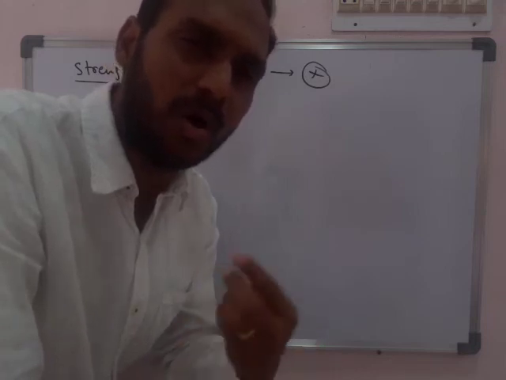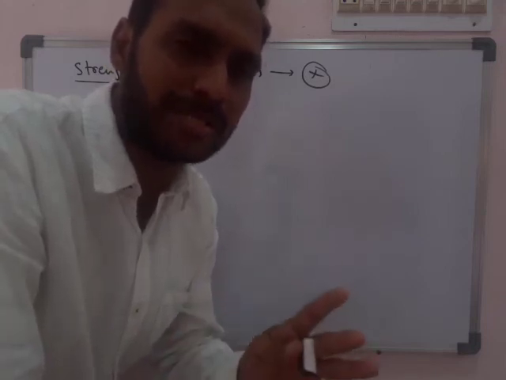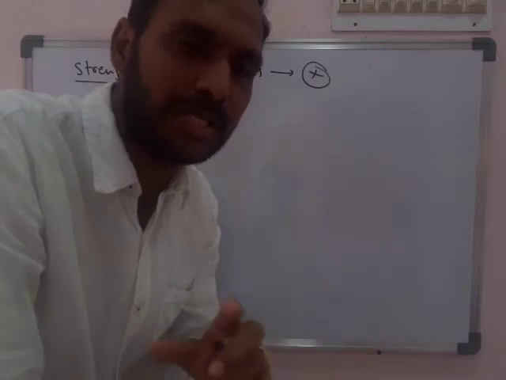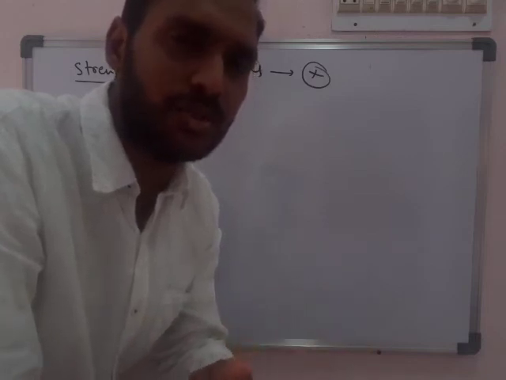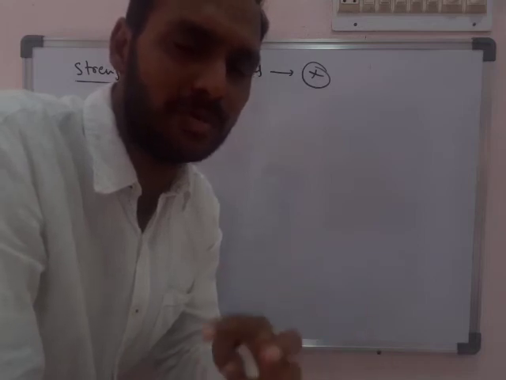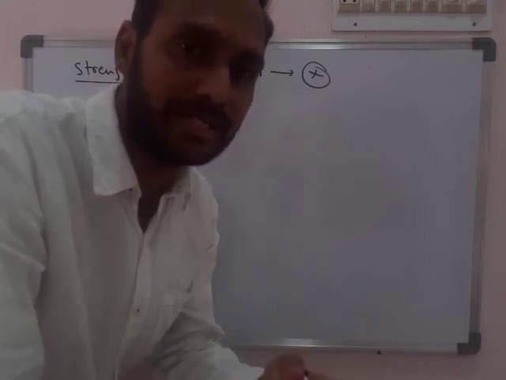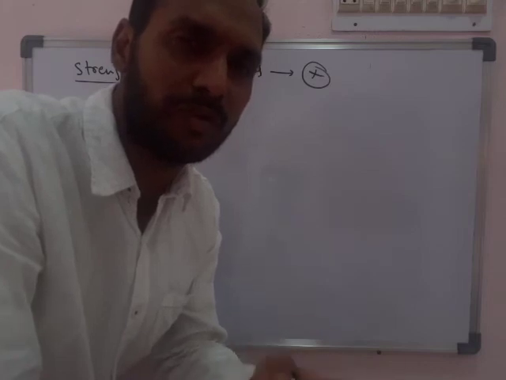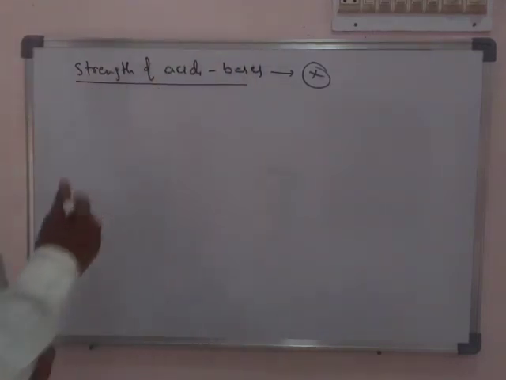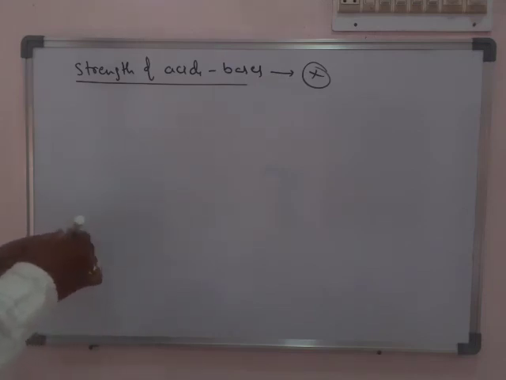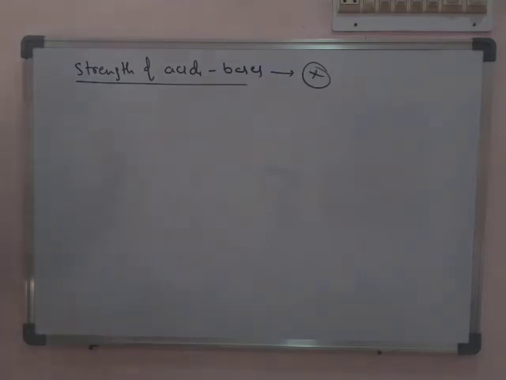According to this theory, all acids are the same type, all bases are the same type, and it does not give any points for the explanation of the strength of acids and bases. Some acids are strong, some are weak, why is it? Some bases are strong, some are weak, why is it? There is no explanation for the strength of acids and bases. Next, so what are the drawbacks? What are the limitations?